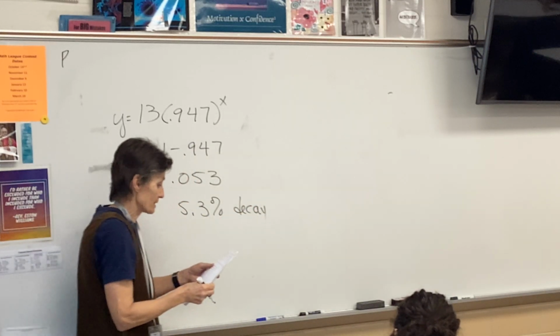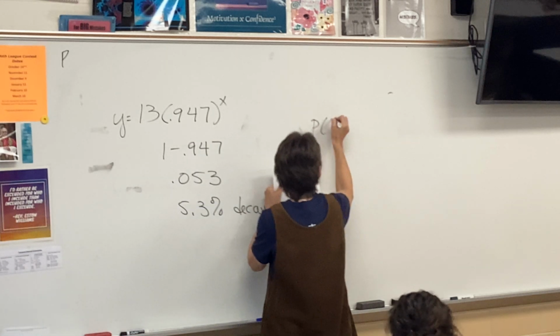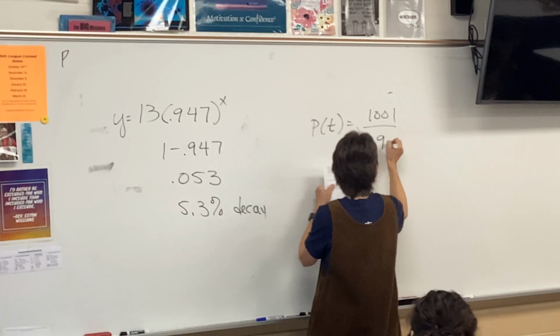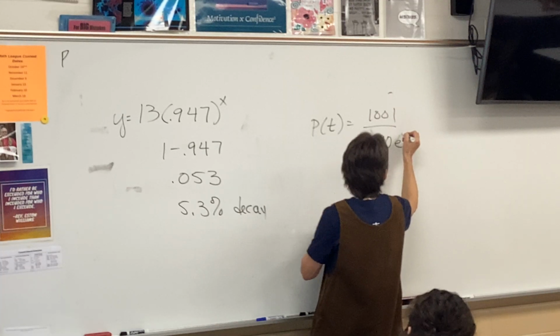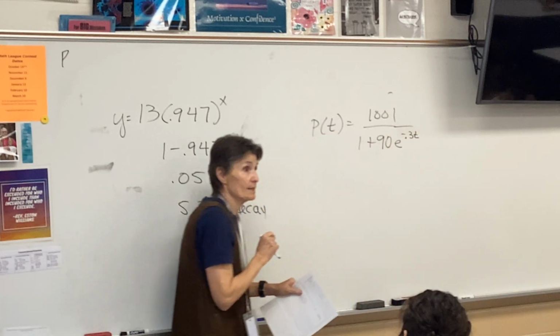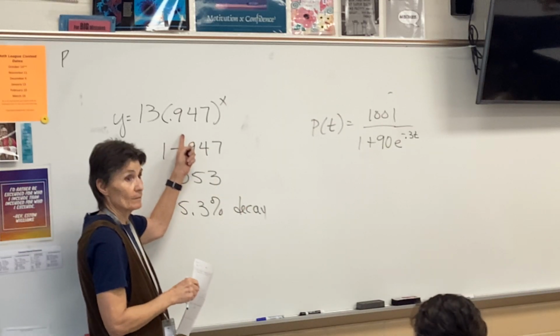Okay, number 6. The population of athletes is given by this equation. This is a logistic equation. It's not an exponential. That's an exponential.